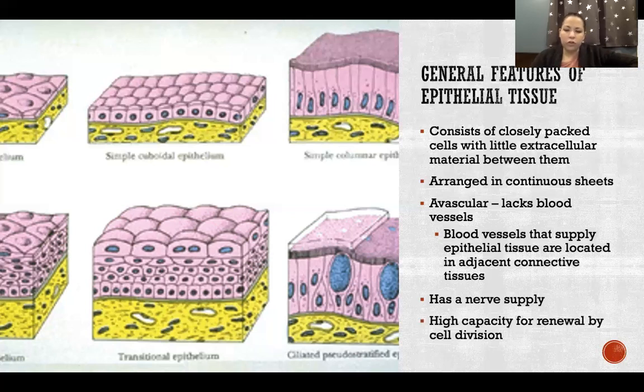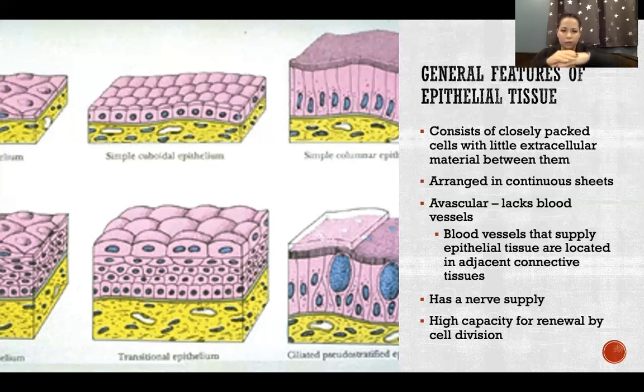The epithelial tissue has a high capacity for renewal by cell division. So there are many, many epithelial cells that are all tightly packed together to form epithelial tissue. So we need to be able to reproduce those cells very quickly and very efficiently because there are so many cells and because epithelial tissue is located in places where there's a lot of turnover, where there's a lot of wear and tear.